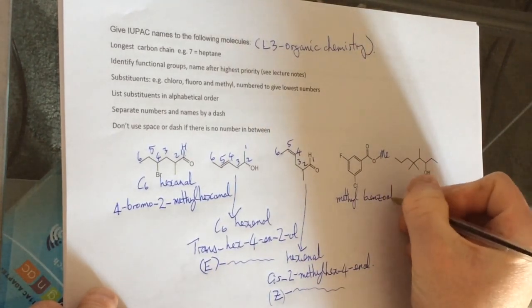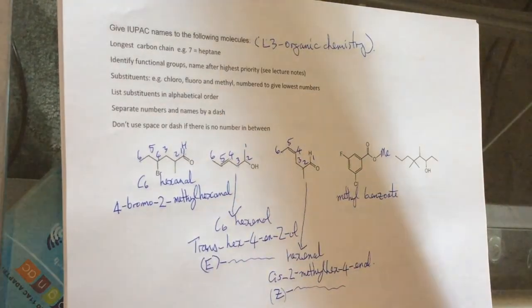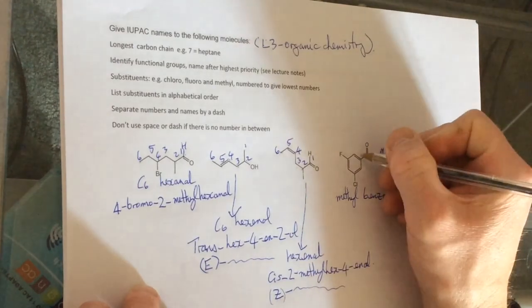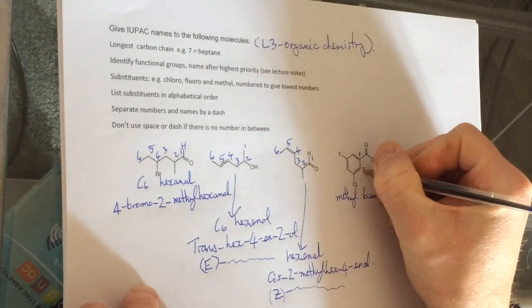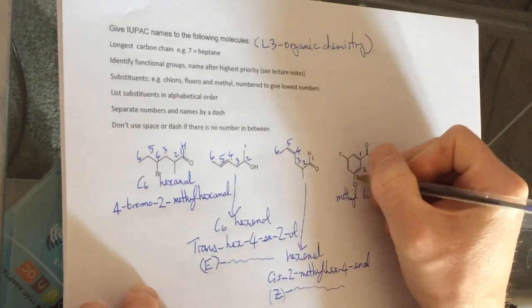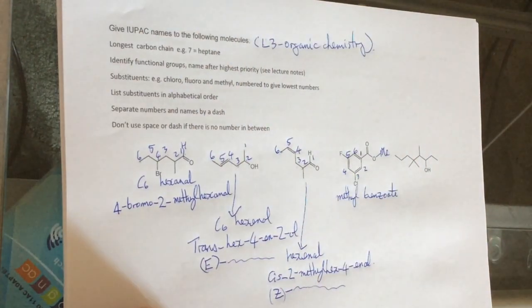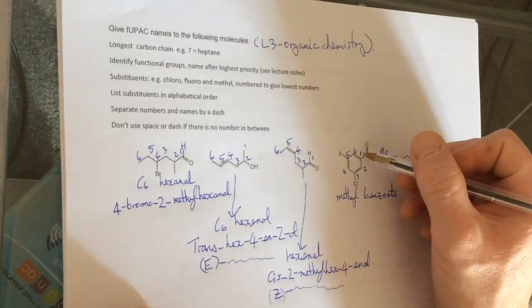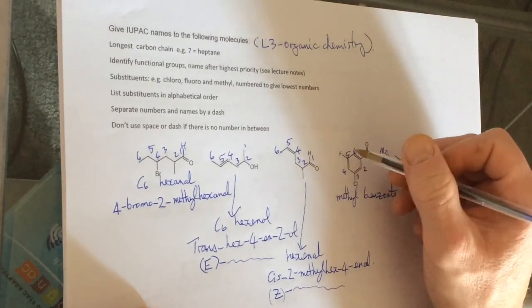benzoate, because benzoic acid is the carboxylic acid. Now, the substituents are on the benzene ring, so they'll be named starting with 1, and we'll go around this way, 2, 3, 4, 5, 6. So why do we go around that way? Well, we've got two substituents, so it wouldn't matter if it was that way, 1, 2, 3, 4, 5, 6, or that way.